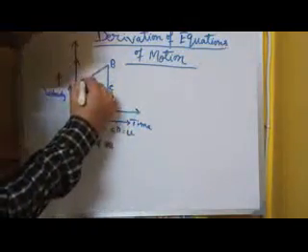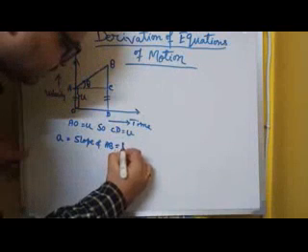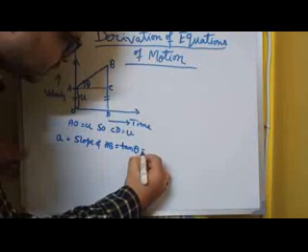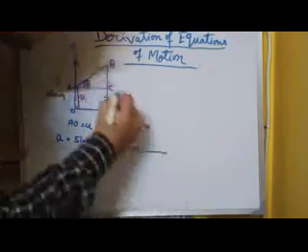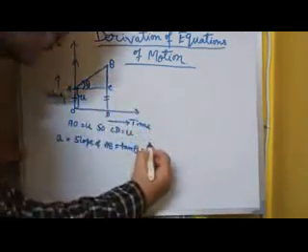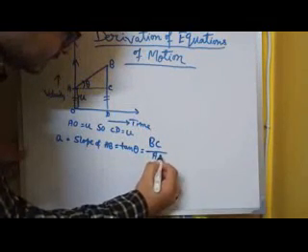Slope of AB means this is theta, that is equal to tan theta. And we know tan theta is equal to perpendicular by base, that is BC by AC.